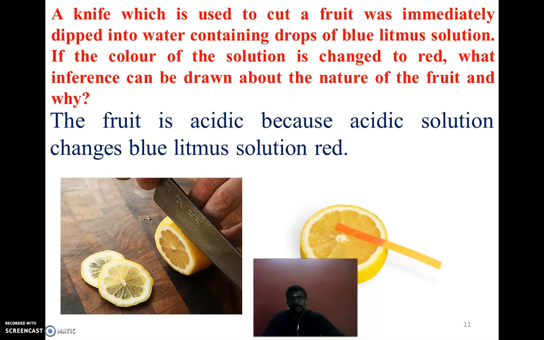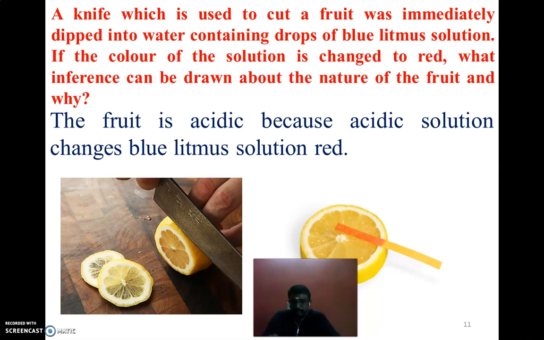Okay, children. In this session we discussed acids, bases, properties of acids and bases, and indicators. When we add water to acid, it releases H plus ions. When we add water to base, it releases hydroxide ions.